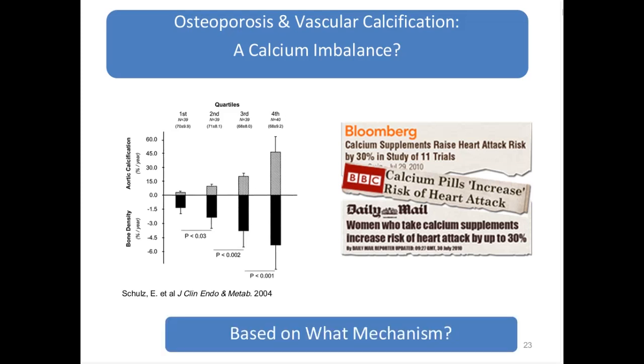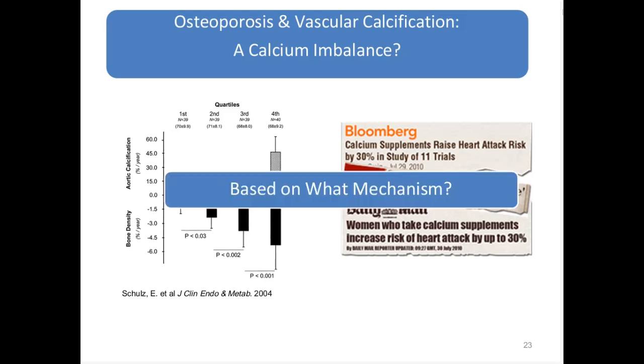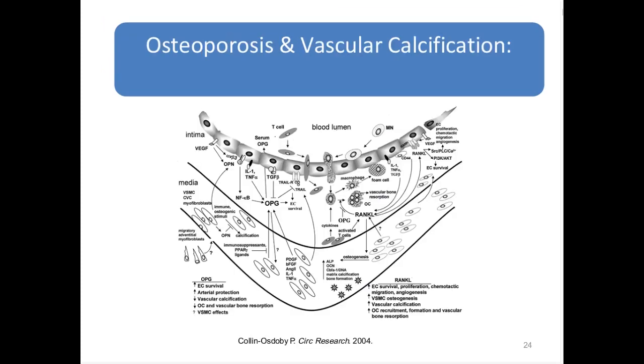Well, it makes for a really good story, but it's not based on what we know of the science, and there is no mechanism that would support a simple passive redistribution of calcium from your bones to your arteries. And the amount of calcium we receive in supplements is so small relative to the overall amount of calcium in the body.